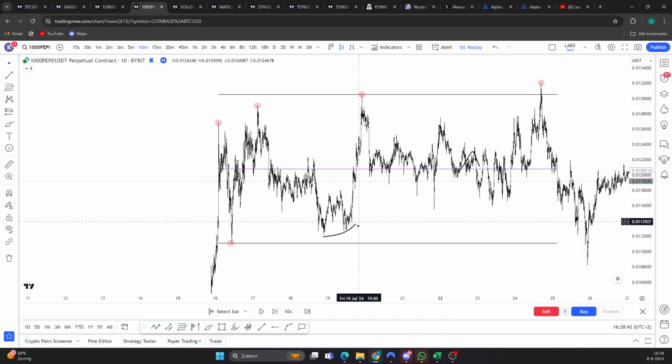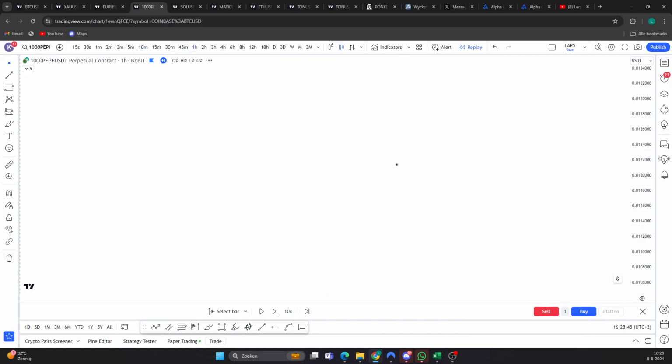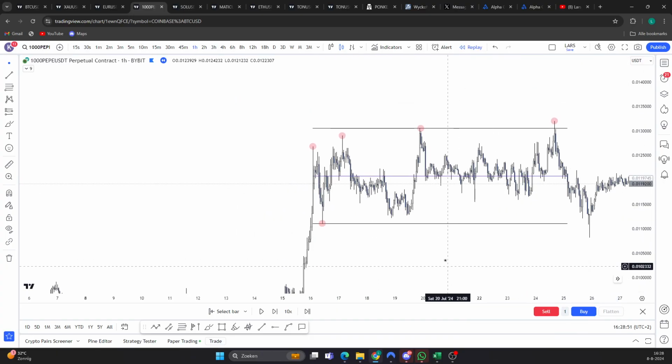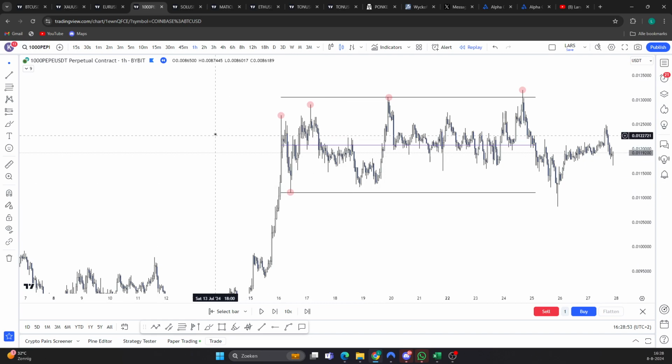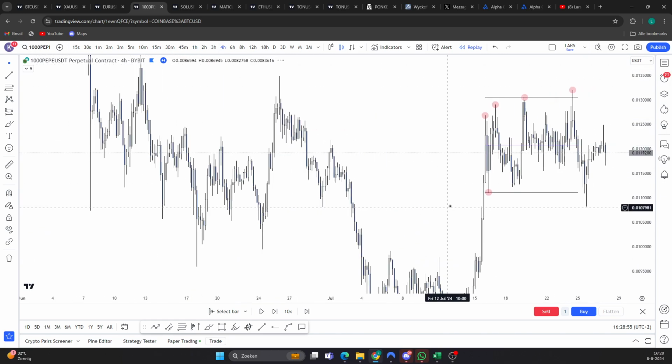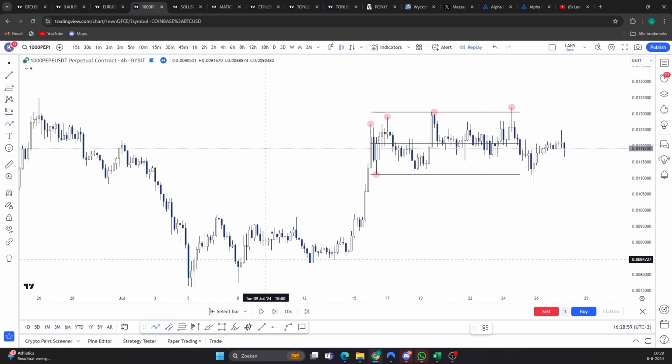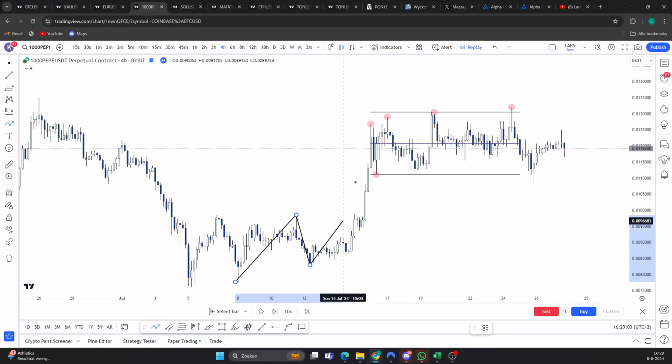So if you stayed on the 1 hour time frame, you would think this is a 4 tap. This is not a valid Wyckoff schematic. But I'm telling you guys, always check your higher time frames, because if I go on the 4 hour, what happens to my market structure? If I go on the 4 hour and I have to draw market structure, I have a higher low and a higher high right here.